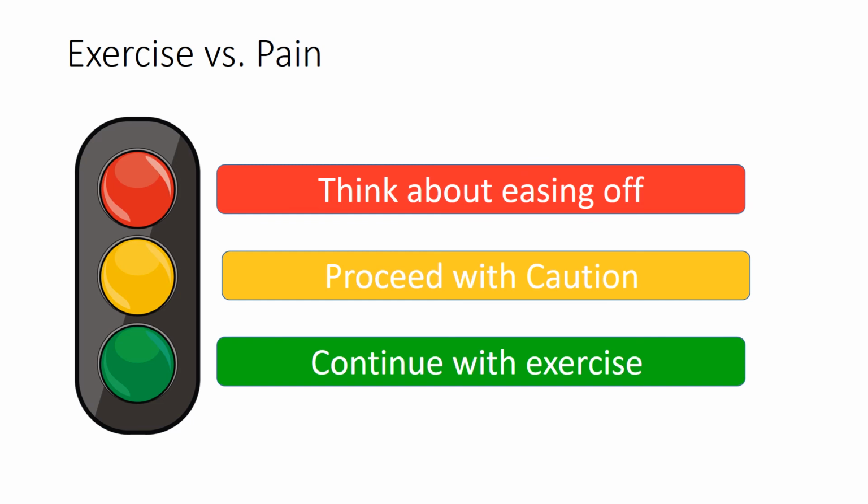If you get sharp, intense, severe or radiating pain, consider stopping altogether and maybe regressing the exercise, A, to a different exercise, or B, having a little bit of time off and coming back to the same exercise but reducing the load, reducing the sets and the reps.